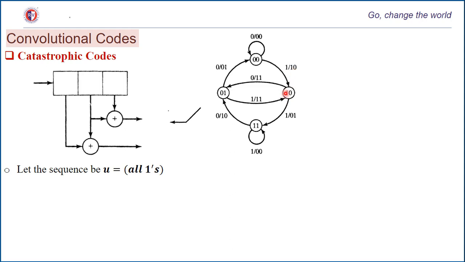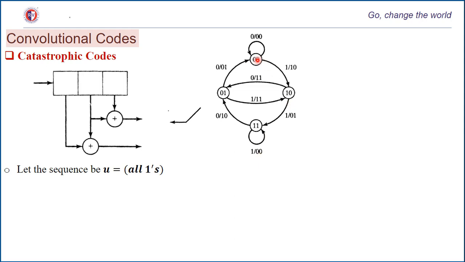If another bit is 1, since it is all 1s, it will move to the 1 1 state. And again the incoming bit is 1, it will be in the same state. Again the incoming bit is 1 and it will be in the same state. So it will keep on looping in the state 1 1 with output of 0 0.